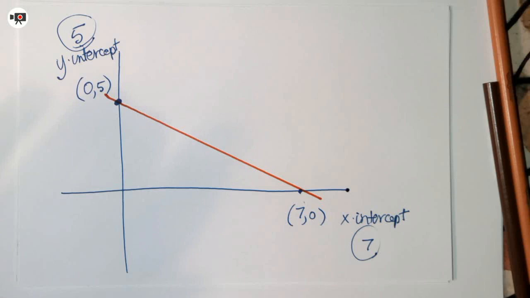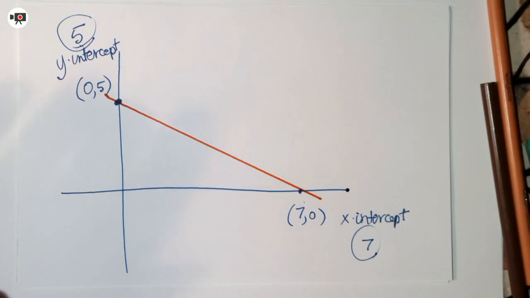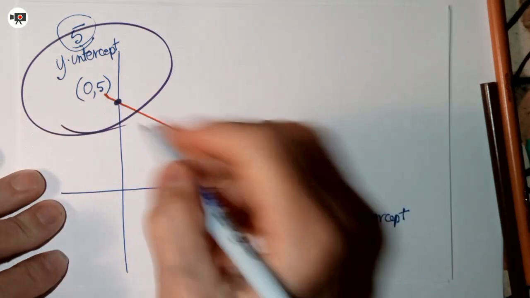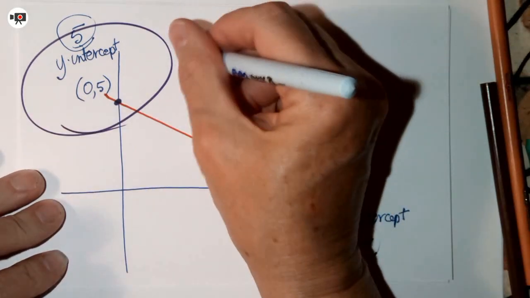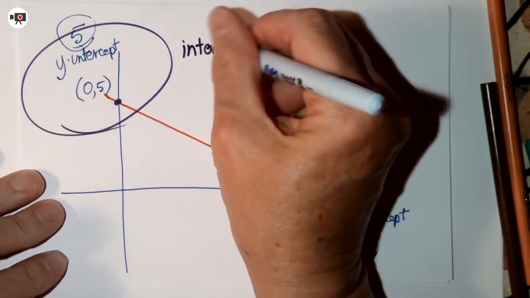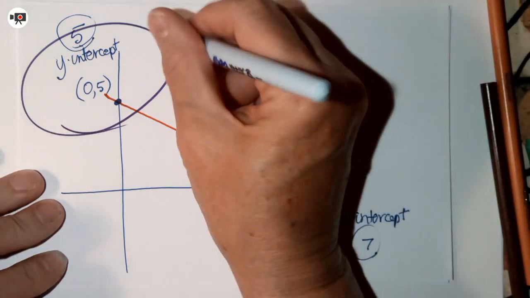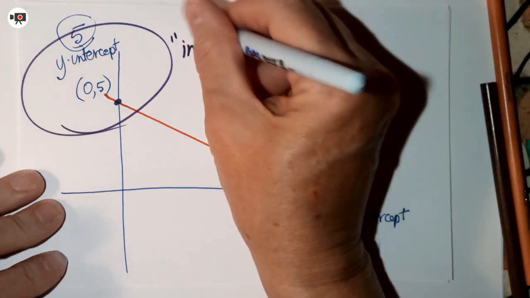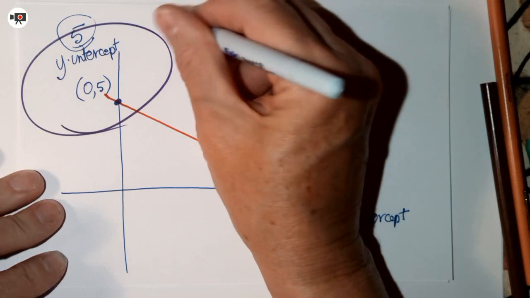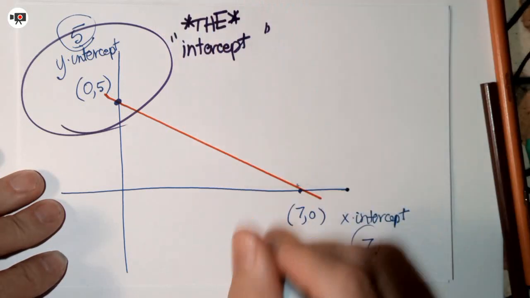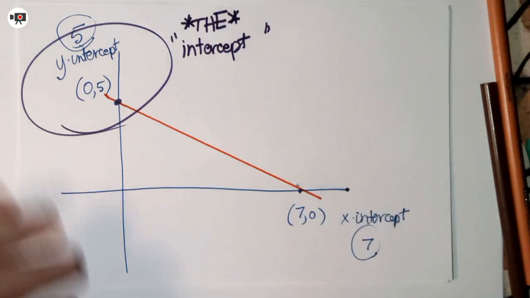But what we do is we call one of them, this one, just the intercept. If somebody just says intercept, they mean this one.